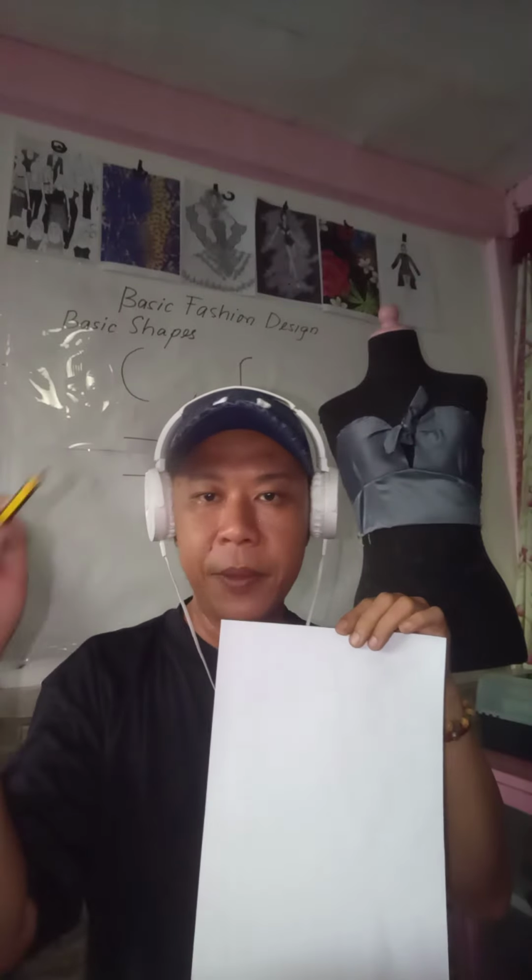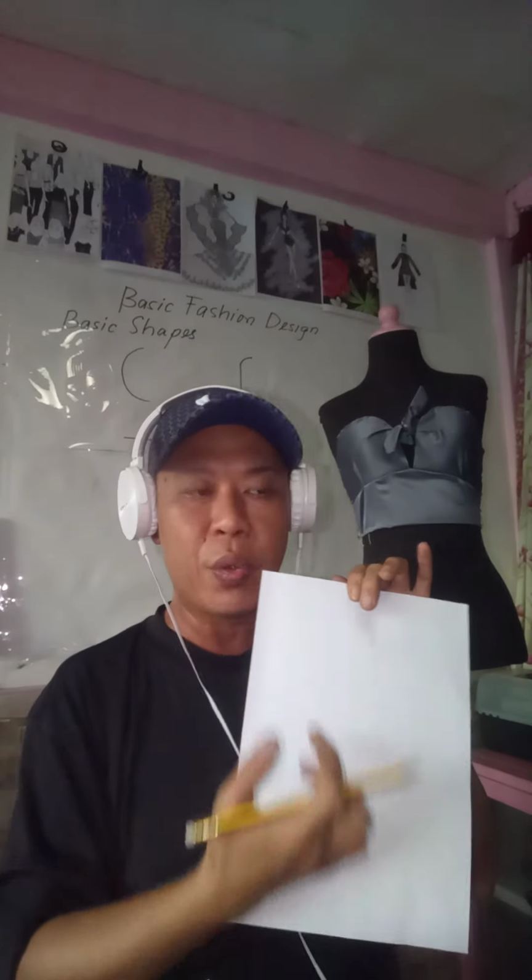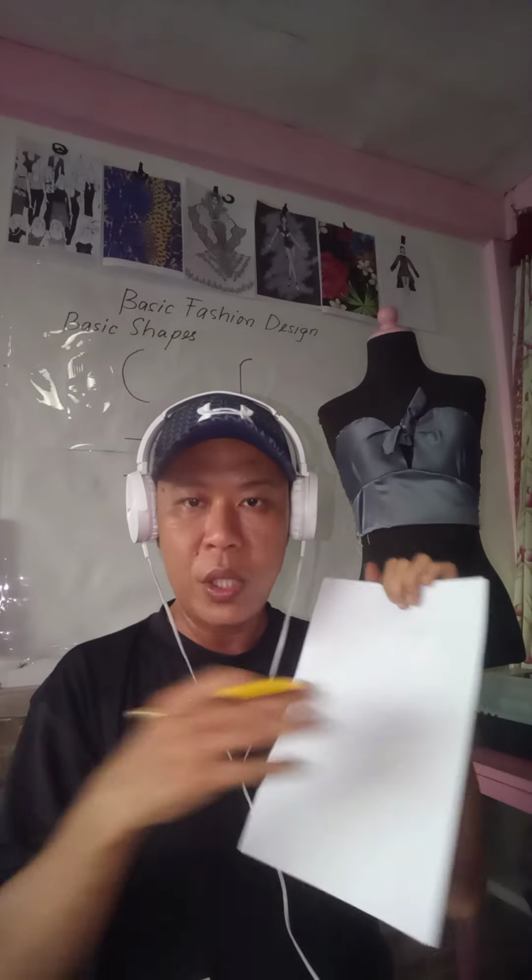So you can make one sheet of paper, one page all circles. It's up to you if you want to make it big, just to practice your hand stroke. Then one piece of paper for triangle, one for oblong, one for square, and one for rectangle. So it's up to you how creative you are going to be.